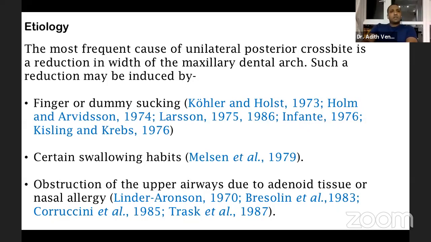Or is it something else altogether? So the most frequent cause of a unilateral posterior crossbite is a reduction of the maxillary dental arch. This may be reduced because of finger or dummy sucking, or some different kind of swallowing habits, and obstruction of the upper airway due to adenoid tissue or nasal allergy, which have actually constricted the maxillary arch.